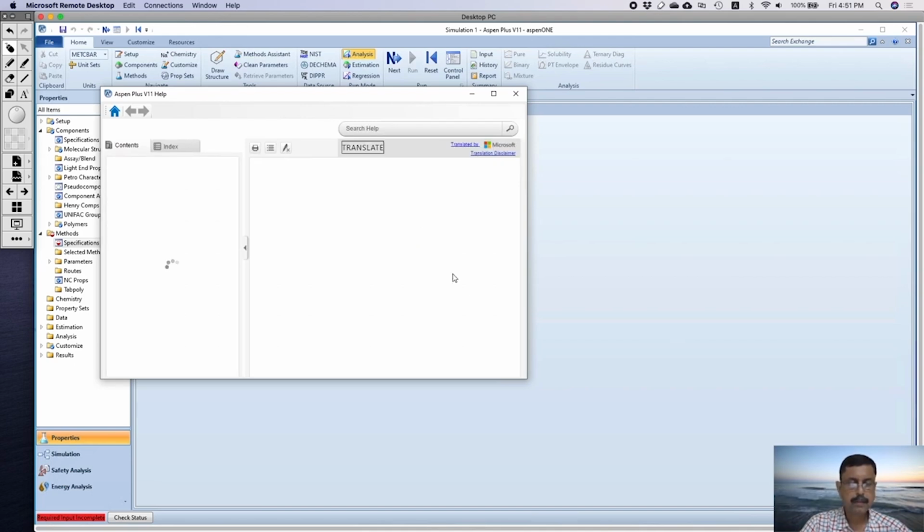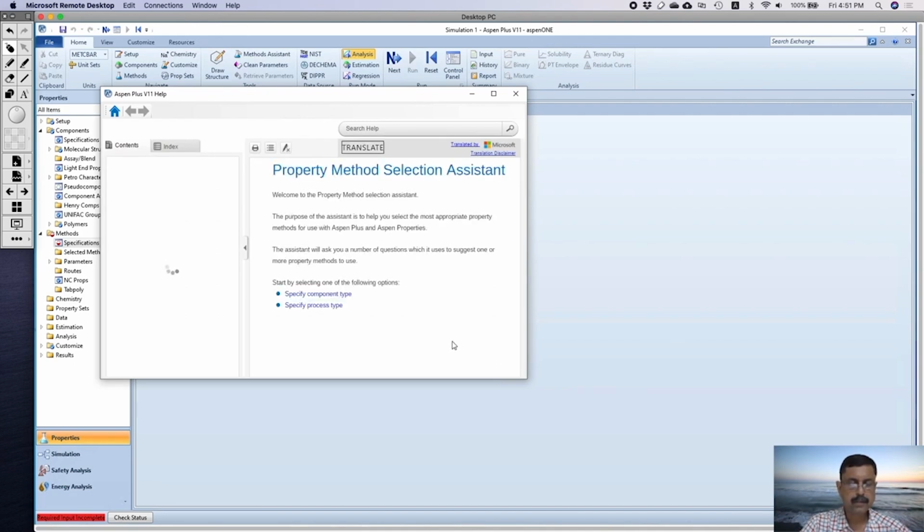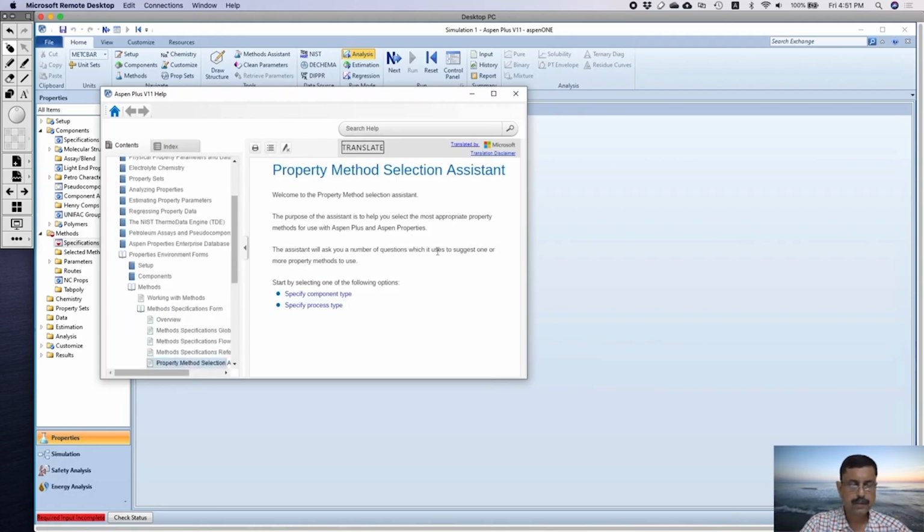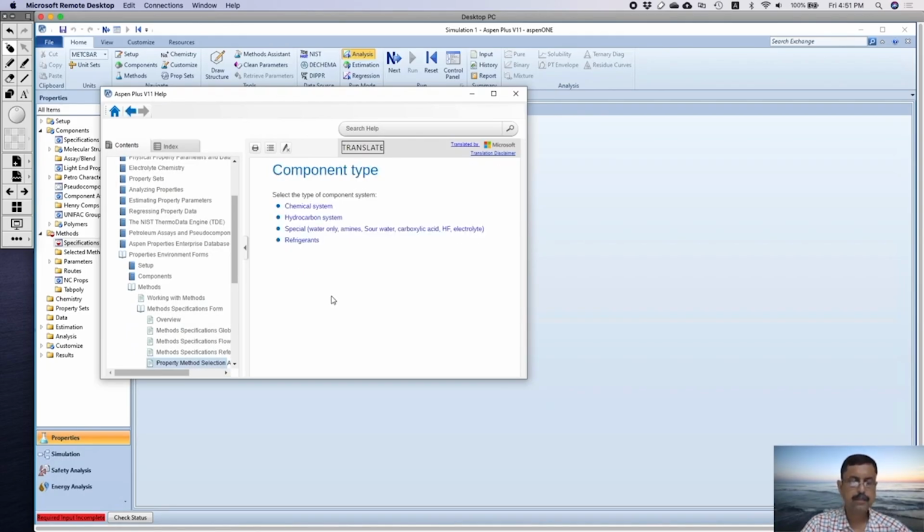So this is the method assistant, property method selection assistant. You have to specify component type. It's a hydrocarbon system. Does the mixture contain petroleum assay or pseudo component? Yes, it has.